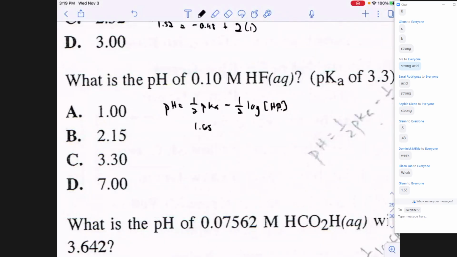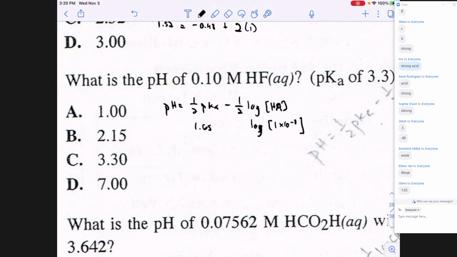Log of 0.1 is log of 1 times 10 to the negative 1. Log of 1 we know is 0.